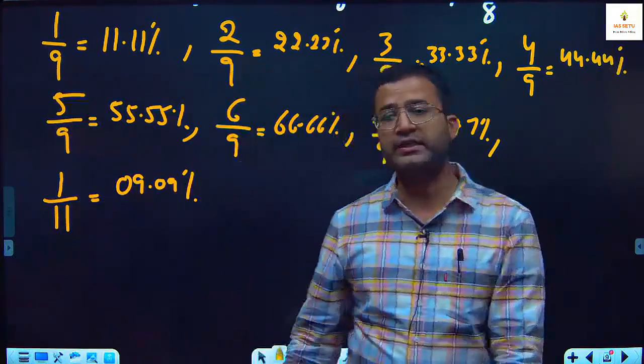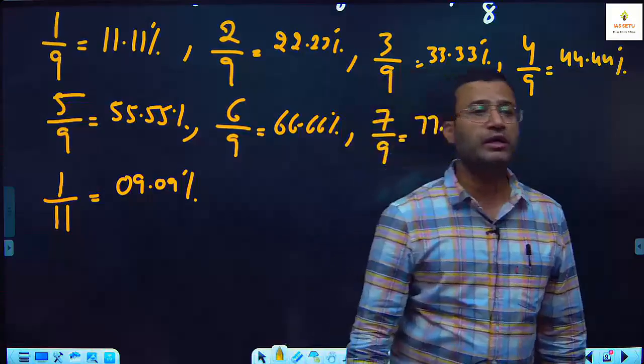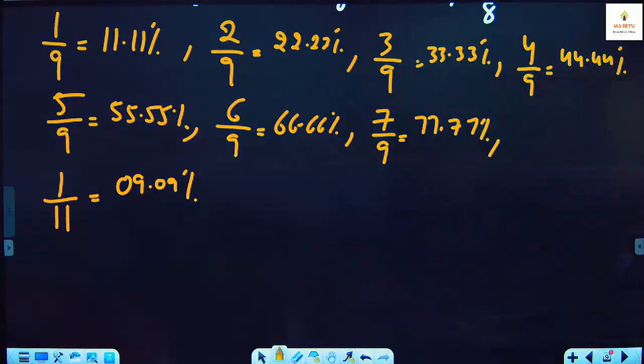1/11, when denominator is 11, percentage multiple of 9. So 1/11 is 09.09%.